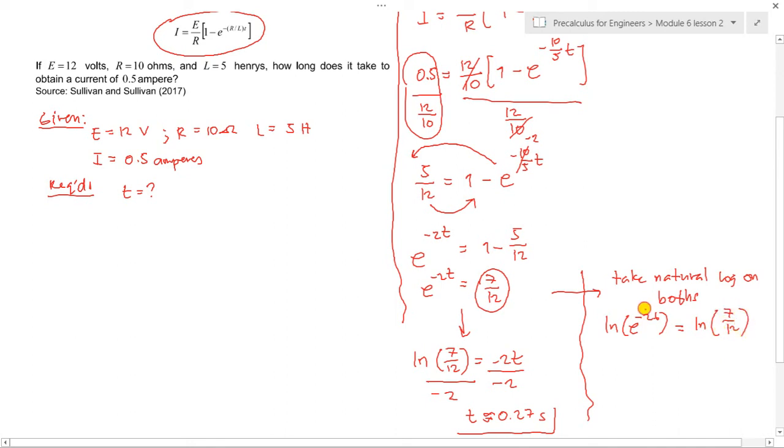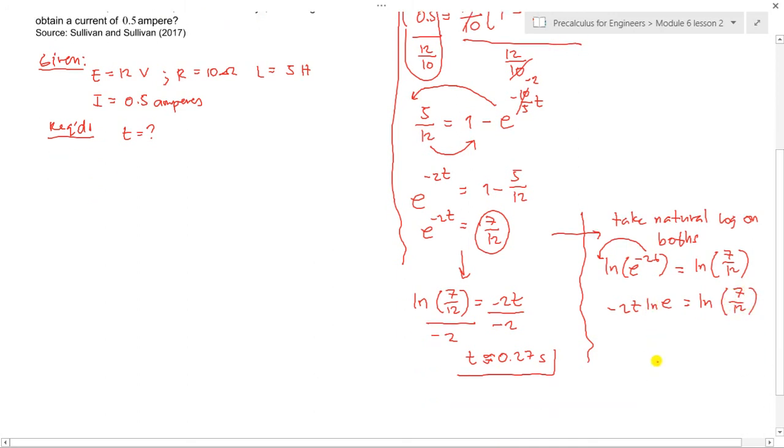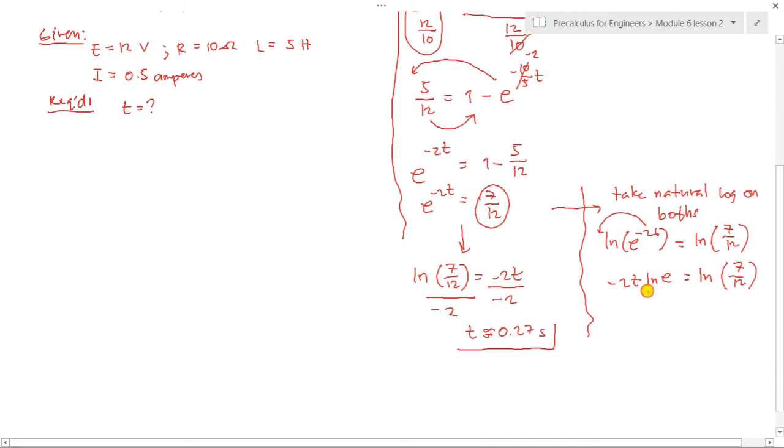Applying the properties, the exponent comes down, so that is negative 2t times ln of e equals the ln of 7 all over 12. Now remember, in the properties of natural logarithm, ln of e is equal to 1. So that is just negative 2t equals the ln of 7 all over 12.